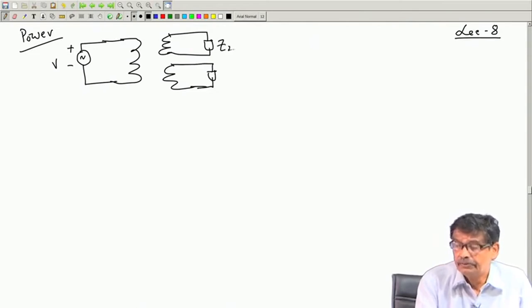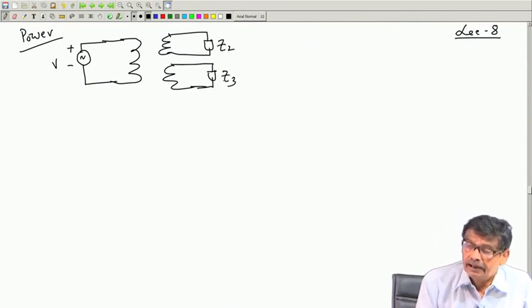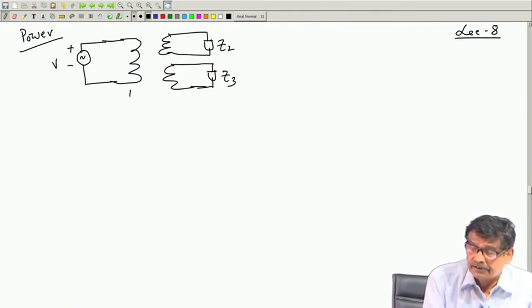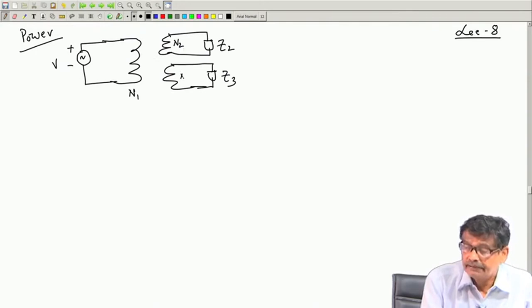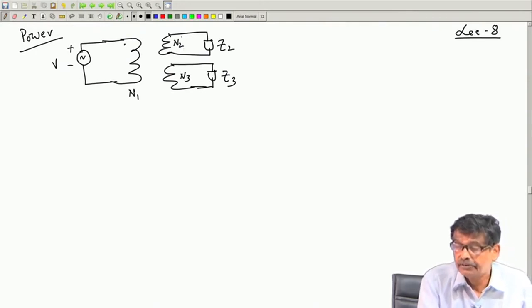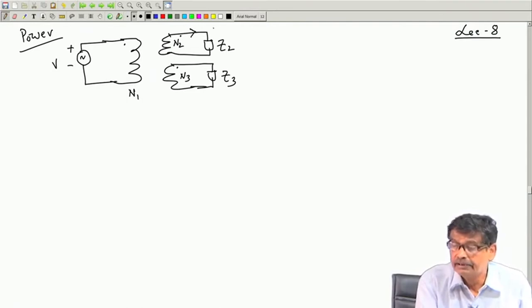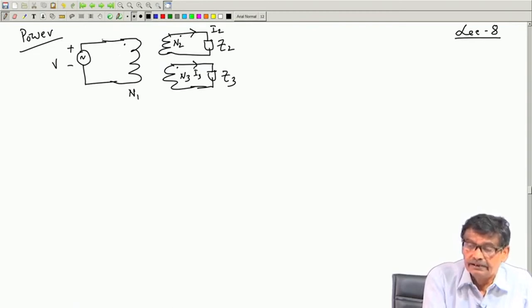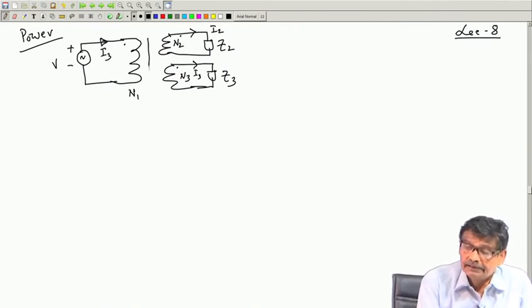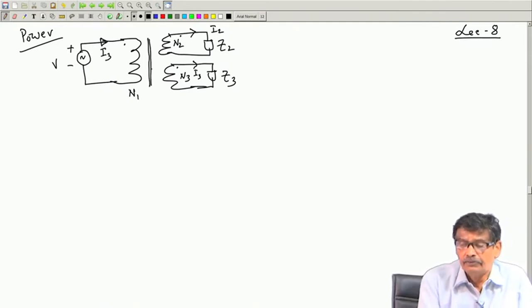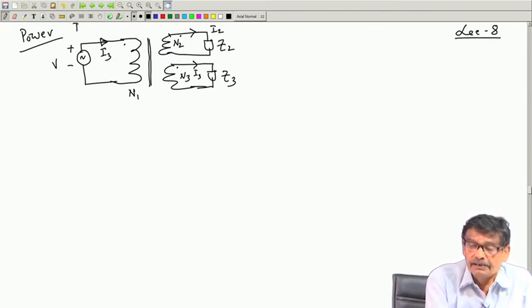Suppose this is Z 2, this is Z 3, and I know the number of turns N 1, N 2 and N 3, and suppose these are the dots of the terminals. Then my problem is to calculate these currents I 2, then I 3 and the current drawn from the supply. This is the problem, and this is the transformer core, which is ideal transformer, mind you, ideal.